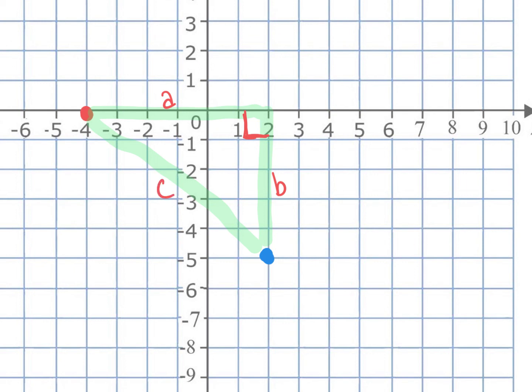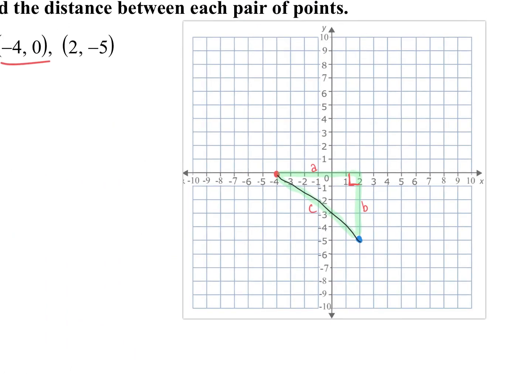We don't know what this length is, right? That's our objective. That's what the problem is stating, and we need to figure that out right now. But what do we know? We do know the length of A, and we do know the length of B. And so the length of A is what? It's 6, right? And the length of B is 5. Okay, great.